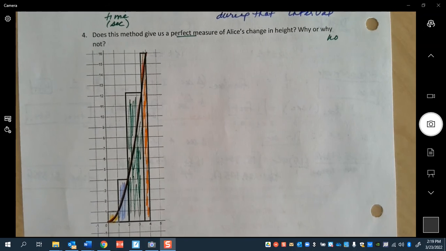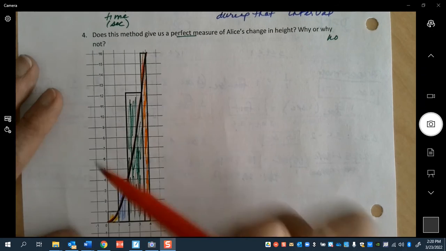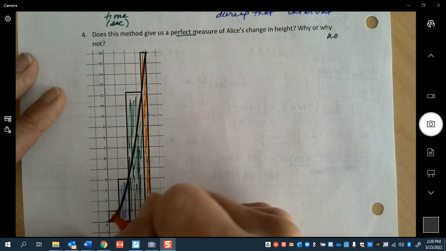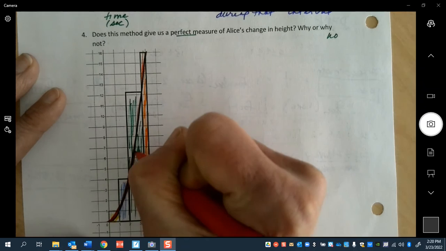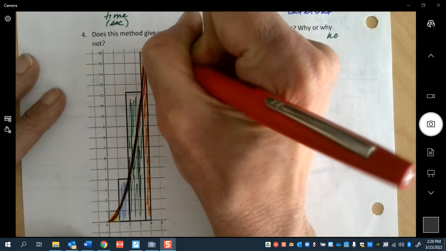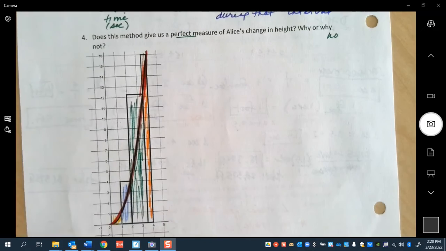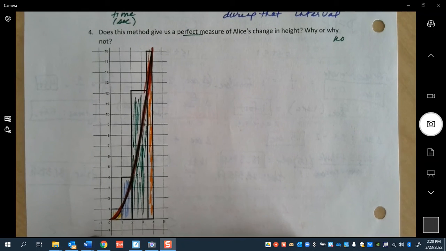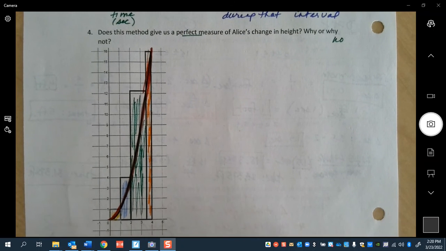And we can see that that curve cuts right through each of my rectangles. If I consider each of those rectangles, my estimation of her growth is going to be on the plus side. It's going to be an overestimation because I'm including these areas that are above the curve.